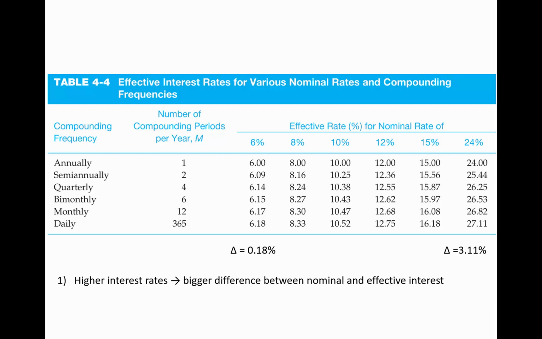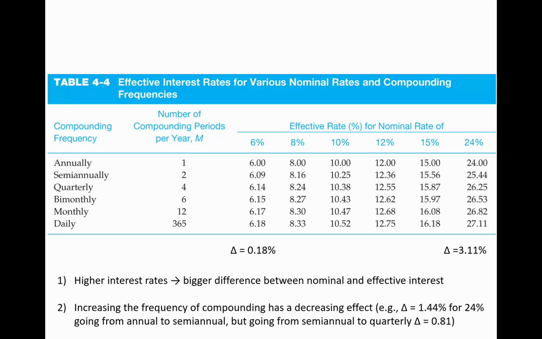Okay, so higher interest rate means that there's going to be a bigger difference. And number two, the increasing frequency of compounding has a decreasing effect. If you look at the difference between annual and semi-annual, if you compound twice per year, then the change in interest from 25.44 to 24 is only 1.44%.